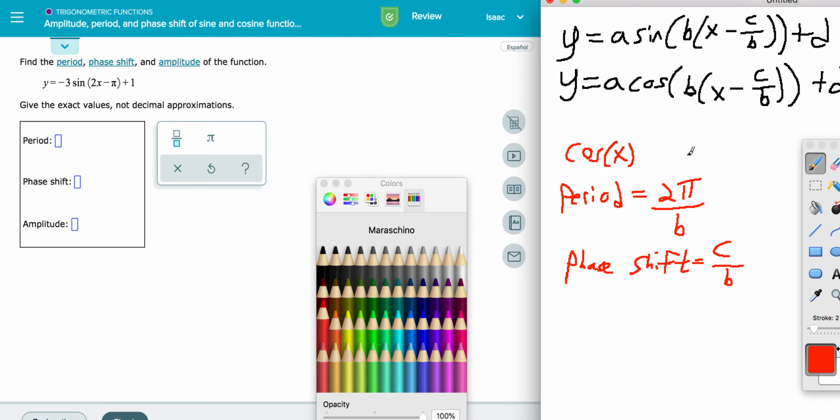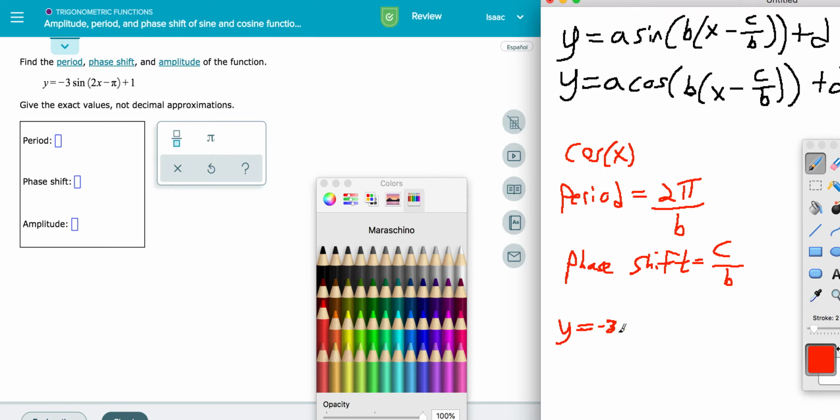Okay, so let's see. For this problem here, we've got y equals -3 sine (2x minus pi) plus 1. Now this one's almost in the form up here, except for the inside of the parentheses. Y equals -3. The amplitude is just 3.